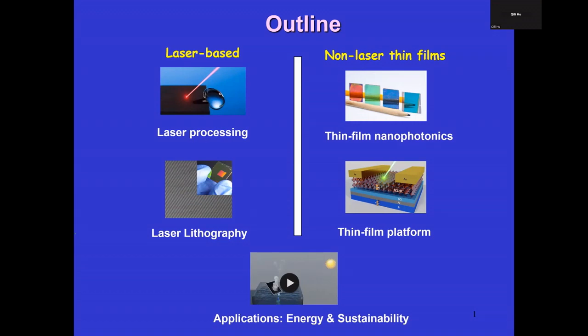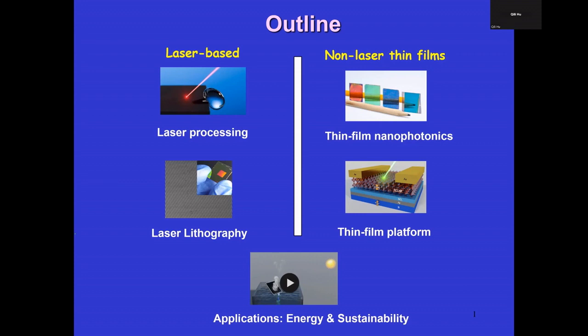And today I'm going to go beyond that and discuss our more recent activities about laser lithography. How do we use femtosecond laser processing to create very tiny, highly regular structures that can somehow resemble what you can do with photolithography?